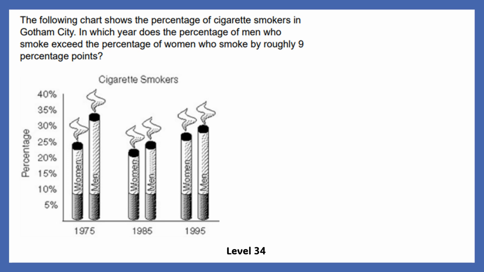When we look at those numbers, the question asks which year was about 9 percentage points different. We can look at these, and none of them are at 9%. We want to look at the difference between them. When we look at the gap between them, we can subtract and guess how many percent that is, and that looks like about 8 to 10%.